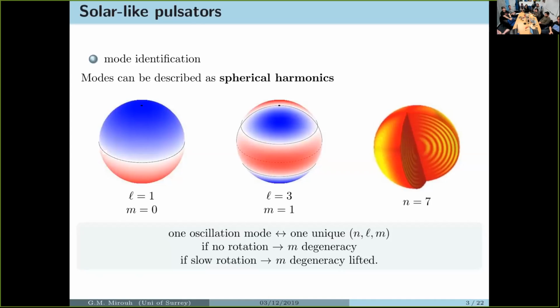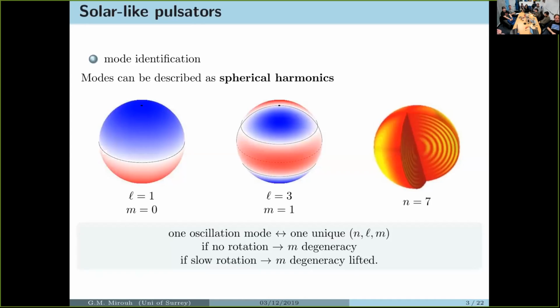In that case where it's simple, we have spherical harmonics to describe the modes. Each mode is one unique combination of a spherical harmonic and a radial sine wave. So you end up having three quantum numbers, N, L, and M. N is the radial order, the number of nodes along the radial line. L is the number of nodal lines at the surface. And M is the number of those nodal lines that are meridians, that go through the poles.